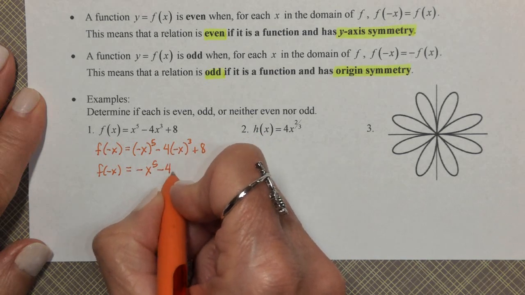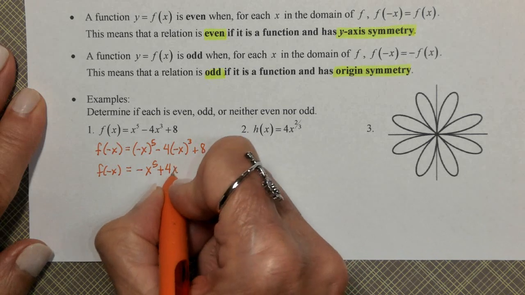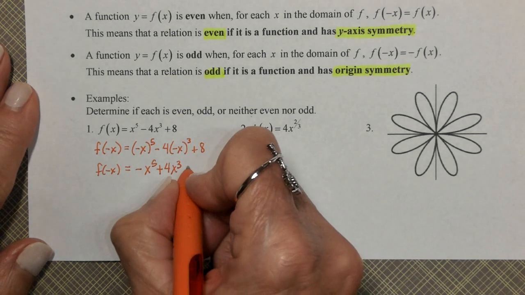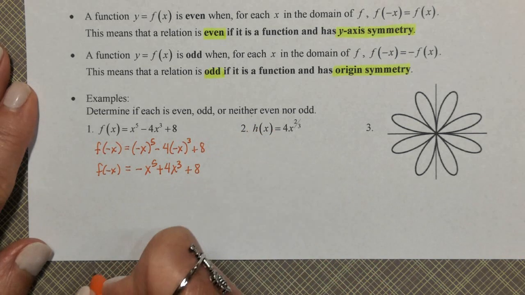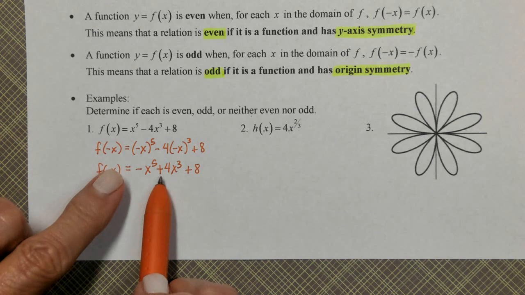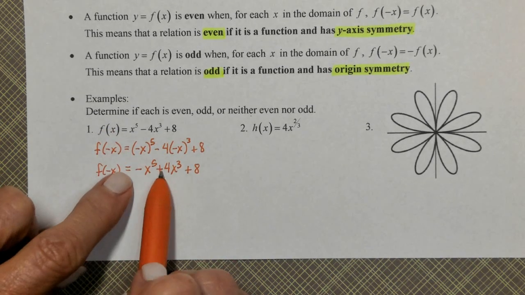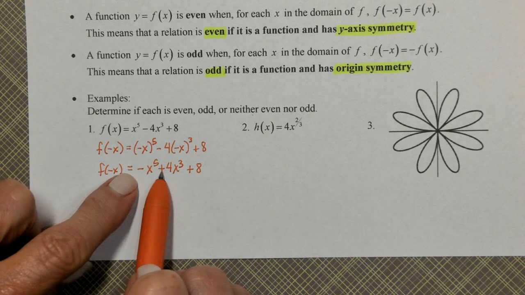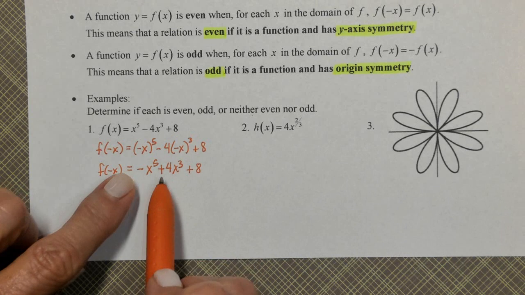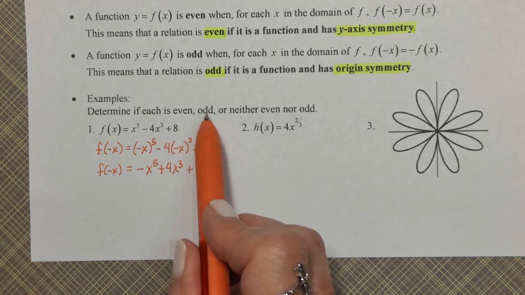This is a negative x cubed, which will make that a plus 4x cubed. Now we have plus 8. That did not change. Is this identical to what we started with? No, it is not. It's not identical, so it's not even.